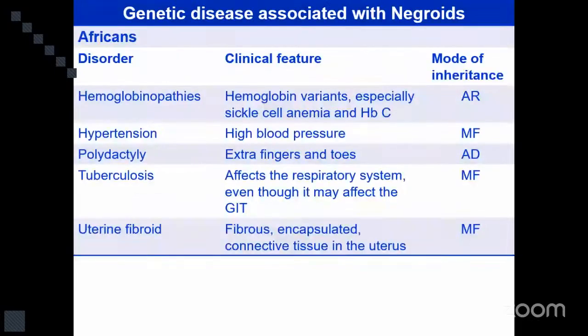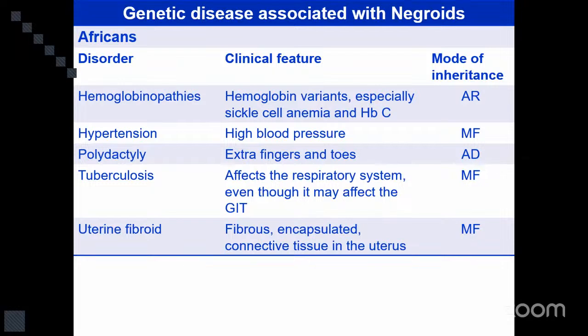And then continuing: hemoglobinopathies, hypertension, polydactyly, tuberculosis, uterine fibroids. These are classical cases of conditions that are more prevalent in the blacks as compared to the whites.